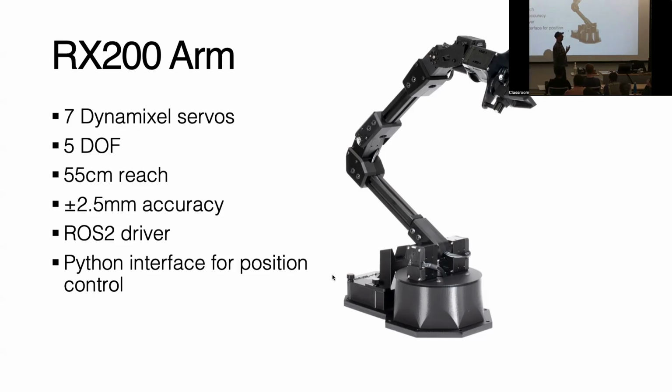And then they provide a Python interface for doing position control, so that you can call a Python function, set joints, right? And you can tell the arm where to set the joints. And so when we write code, what you'll be doing is calling on this Python library to control the arm.